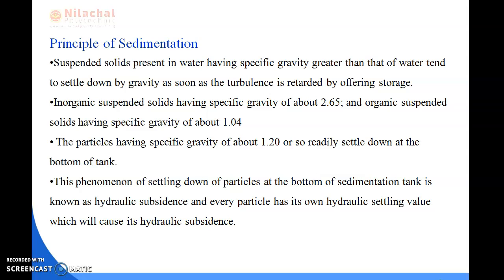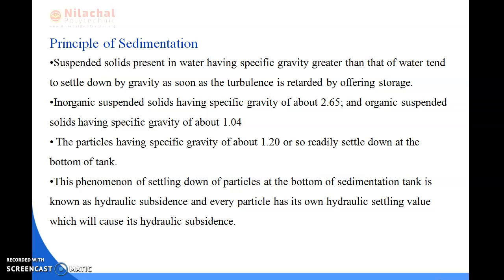The inorganic suspended solids have a specific gravity of about 2.65 and the organic suspended solids have a specific gravity of about 1.04. As all of us know, specific gravity has no unit; it is unitless. The particles having a specific gravity of about 1.20 or so readily settle down at the bottom of the tank.